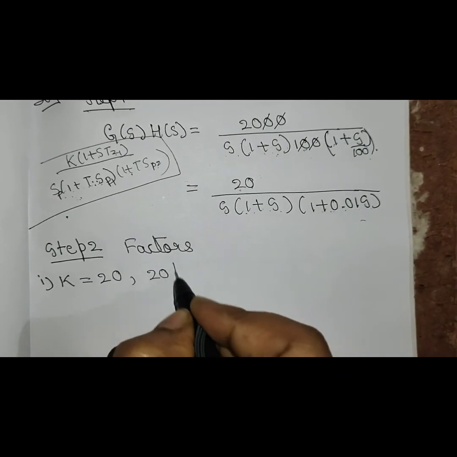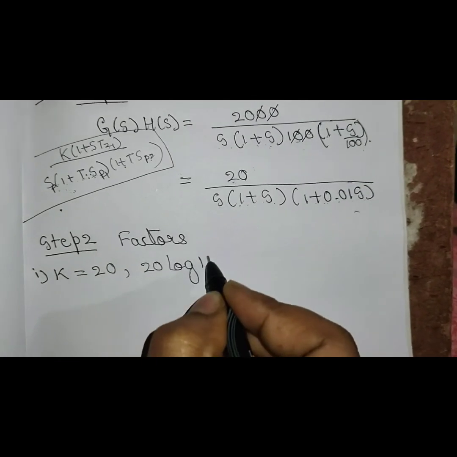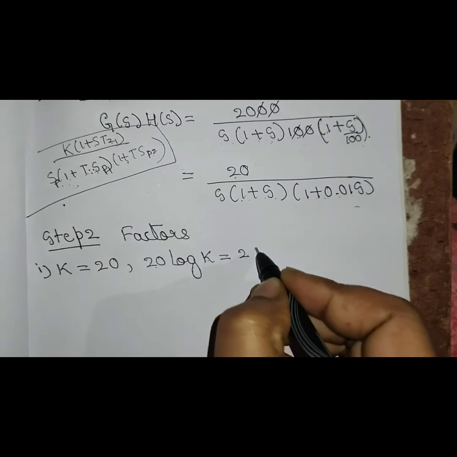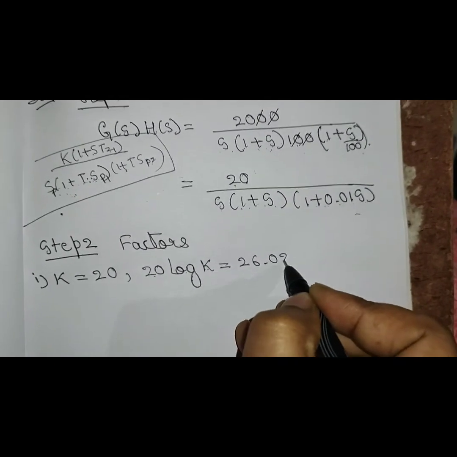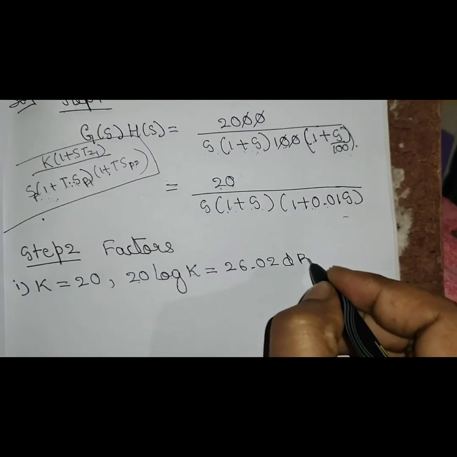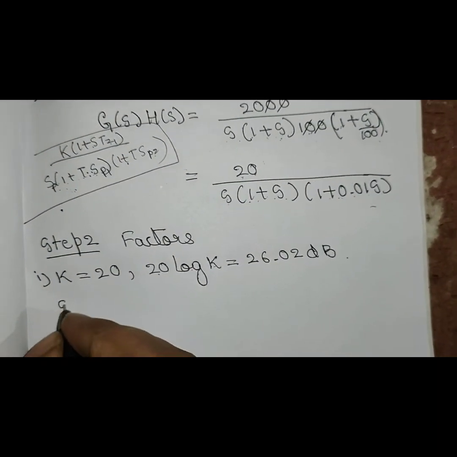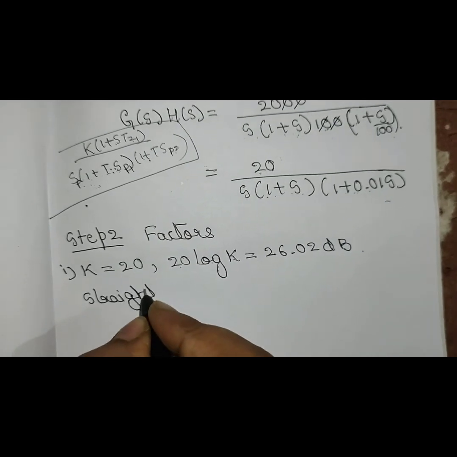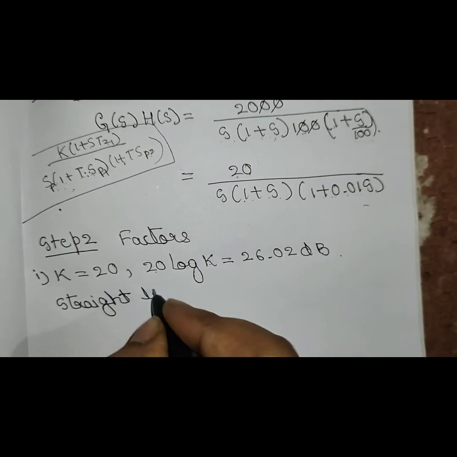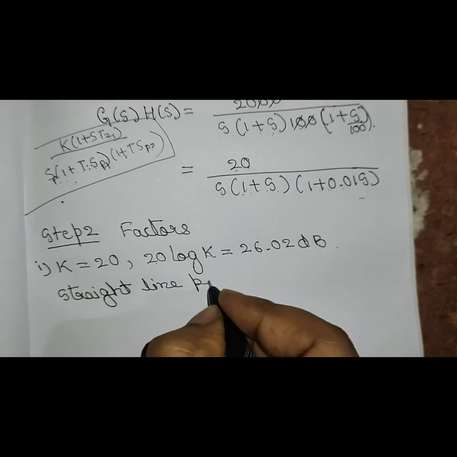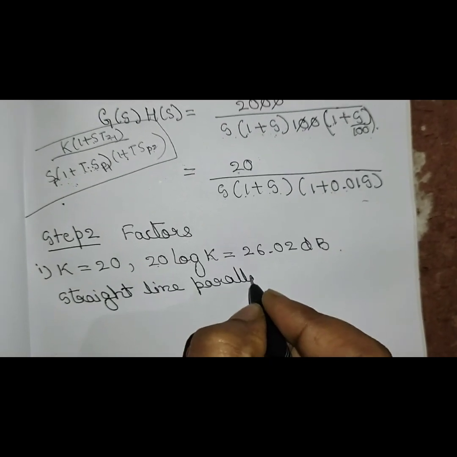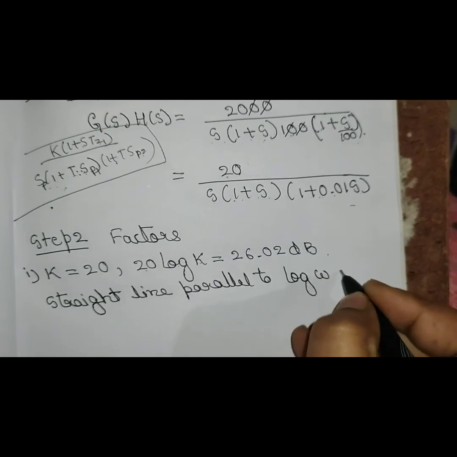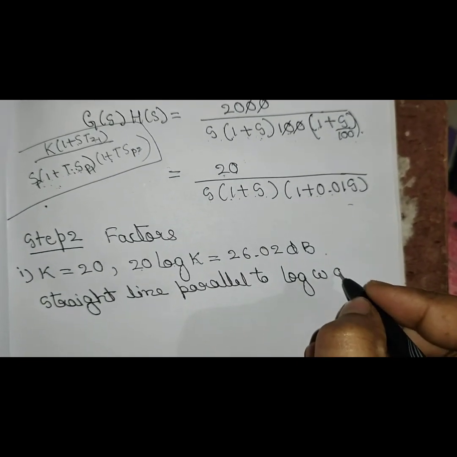So 20 log K, that is 20 log 20, the value you get is 26.02 decibels. So straight line parallel to log omega axis or 0 axis, at 26.02 dB.